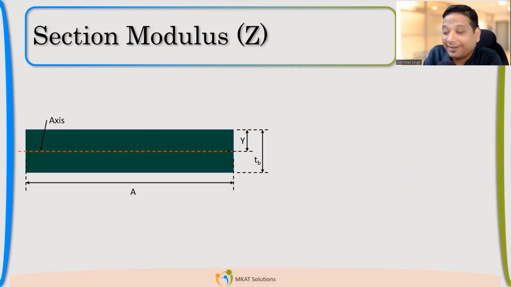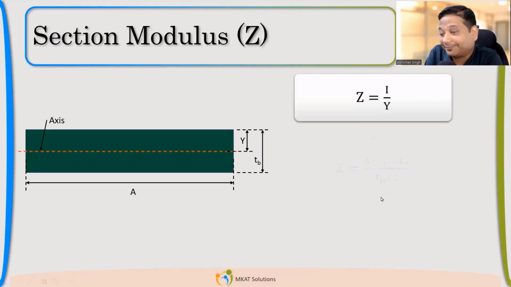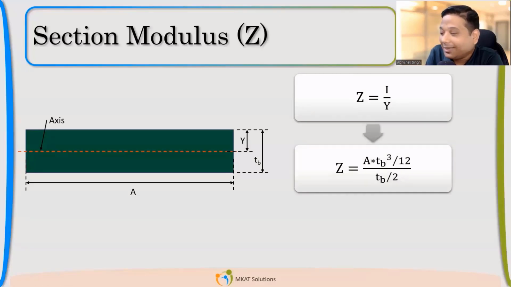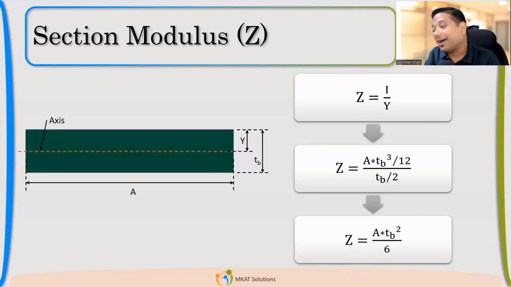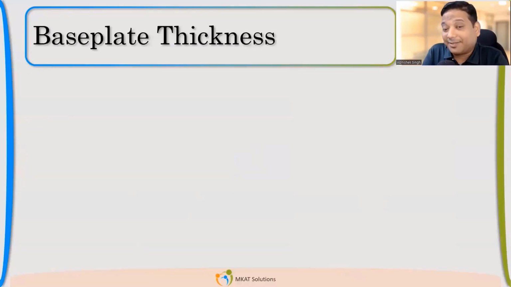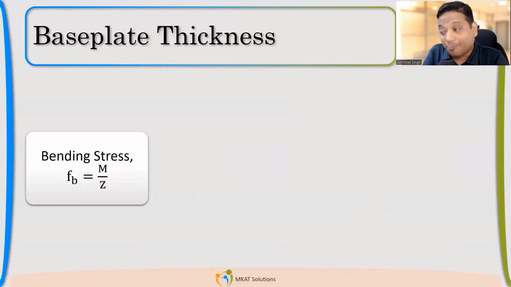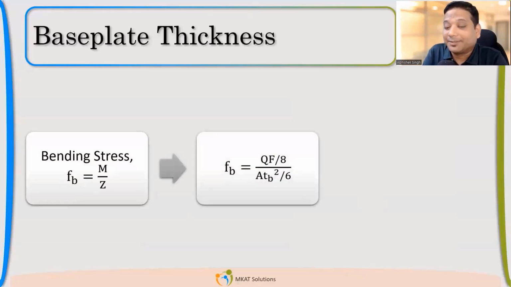I is A TB cubed by 12 divided by TB by 2, so A TB squared divided by 6. That will be my Z. So now I have the section modulus and the moment which is acting, so I can calculate the bending stress.